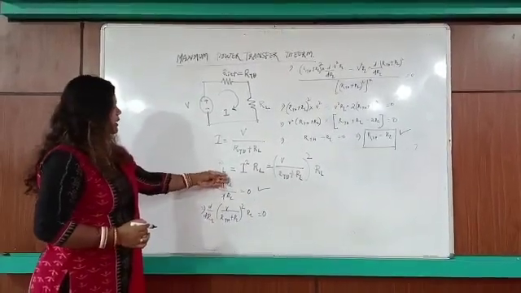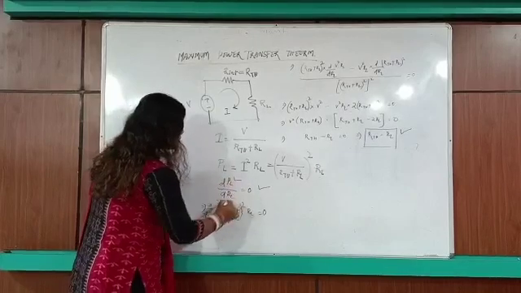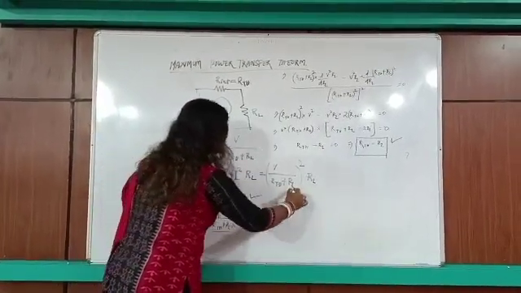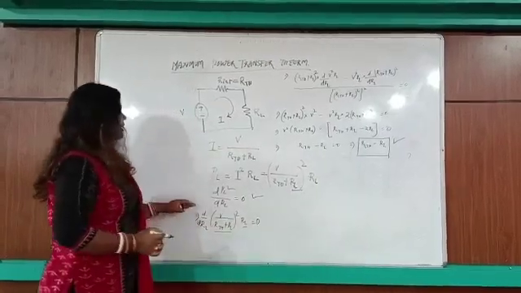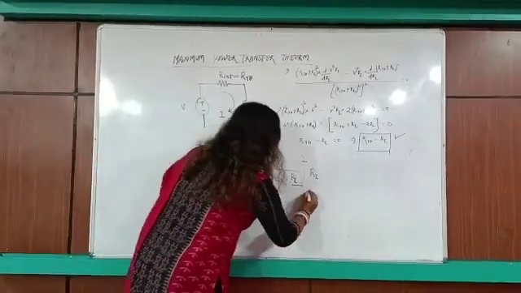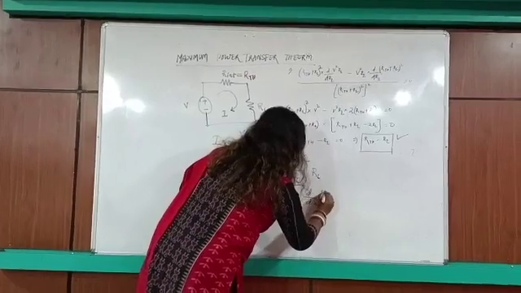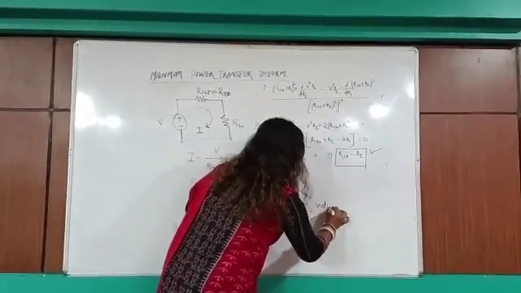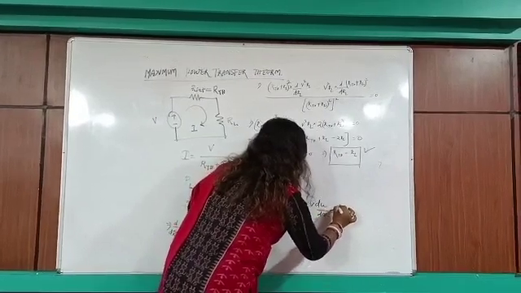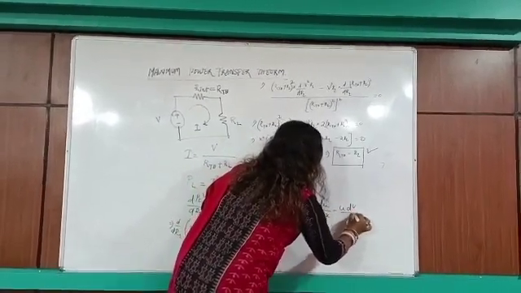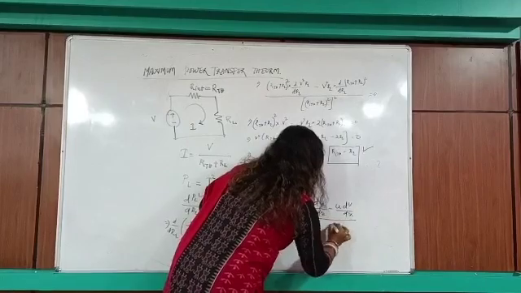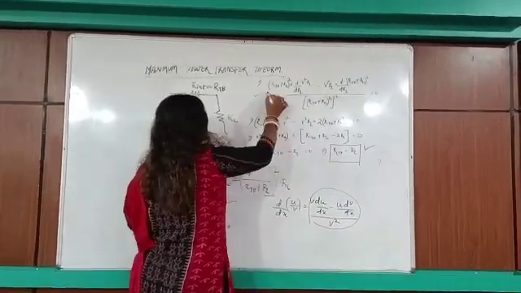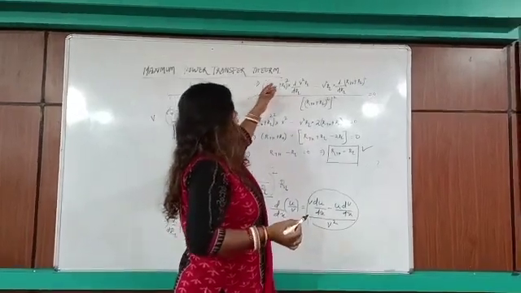Then we can derive it. PL is V divided by (RTH plus RL) whole square into RL. We put this into the formula d by dx of u by v, which is v into du by dx minus u into dv by dx, divided by v square, and make it equal to 0.